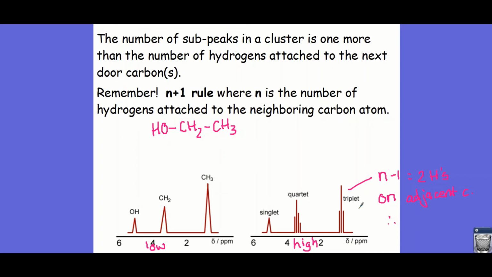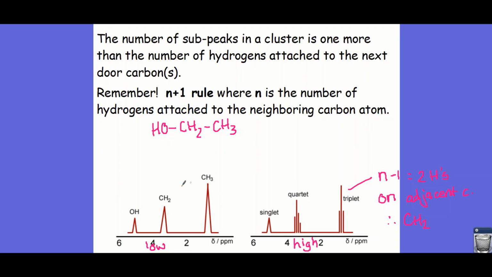Therefore, whatever group this is, must be next to the CH2. So we still work out what group this is based on the height of the peak and its chemical shift, but the splitting tells us whereabouts in this molecule it is next to.